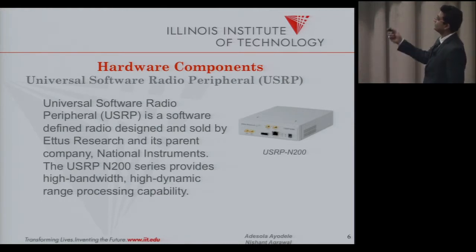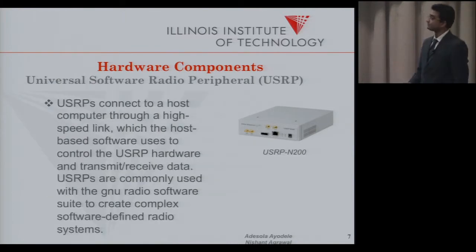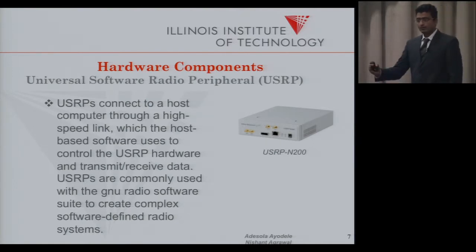It was initially designed and put in the market by Ettus Research and its parent company National Instruments. It has a high dynamic range processing capability. So basically USRP is a hardware transmit-receive data device. It helps you in transmitting the data between the mobile devices or the smartphones if you are using.